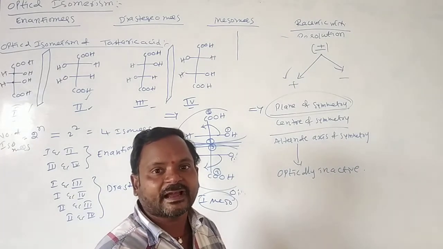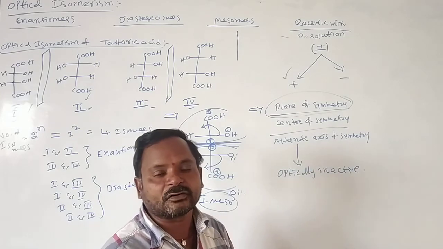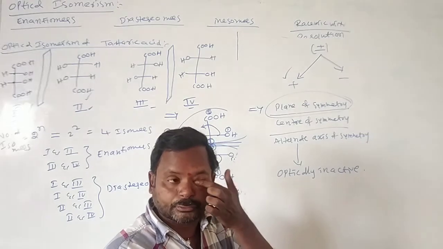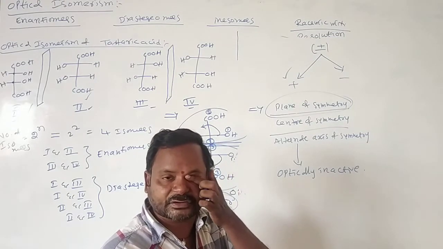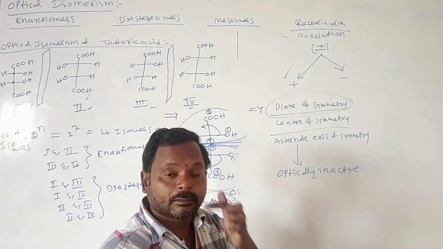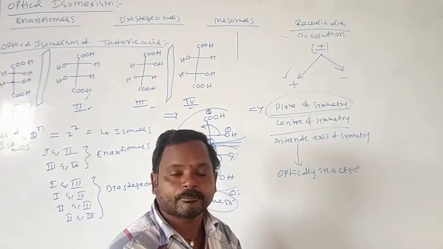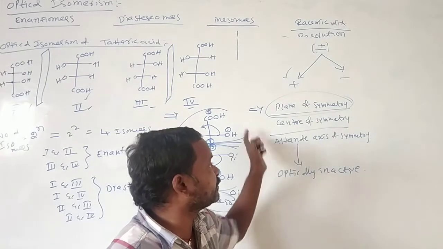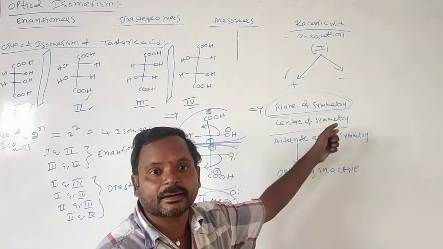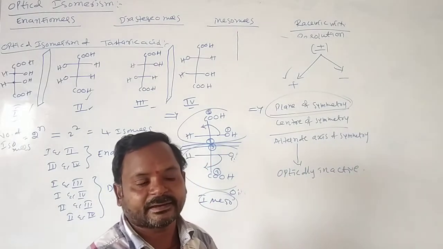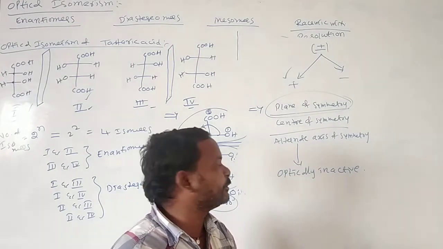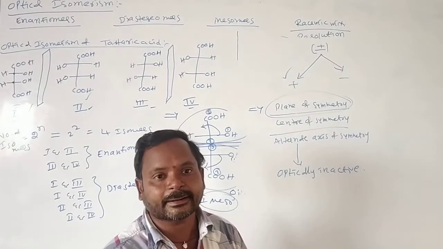Molecules which have an alternate axis of symmetry are also optically inactive due to internal compensation. The reason is only one. These are called symmetry elements. If any molecule has a symmetry element, it should be optically inactive.